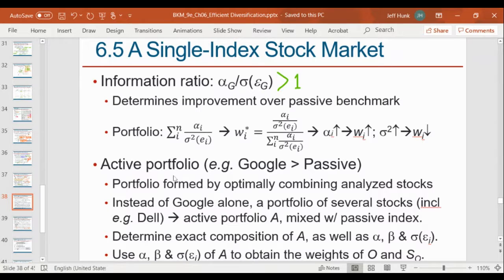If you think about it, all the assets in the portfolio have their own information ratio, and the portfolio is a collection or weighted average of all these information ratios, right?